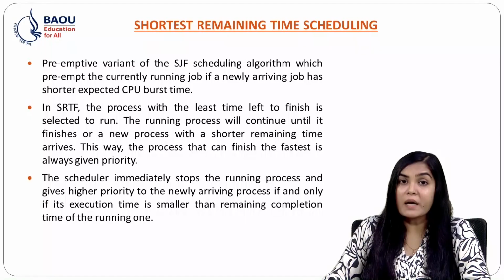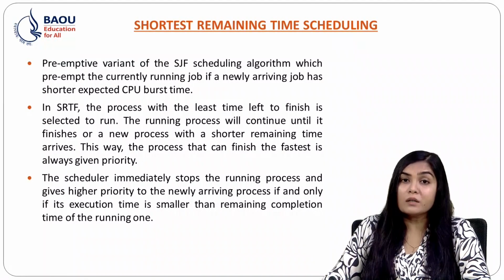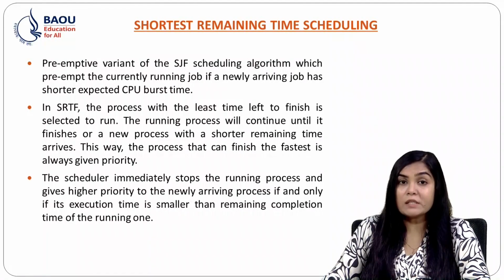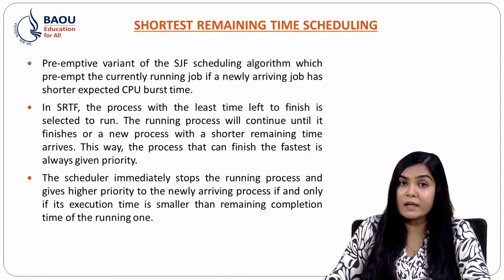It operates by comparing the time left for completion of the running process with the total execution time of a new process. The scheduler immediately stops the running process and gives higher priority to the newly arriving process if and only if its execution time is smaller than the remaining completion time of the running one.